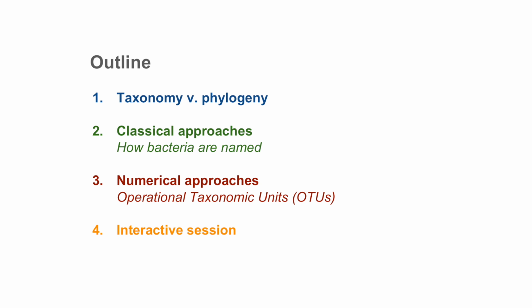I want to cover today taxonomy versus phylogeny. What's the relationship? What are the differences? Classical approaches to bacterial taxonomy, from culturing and how bacteria are named. And then in the last part, numerical approaches to taxonomy.